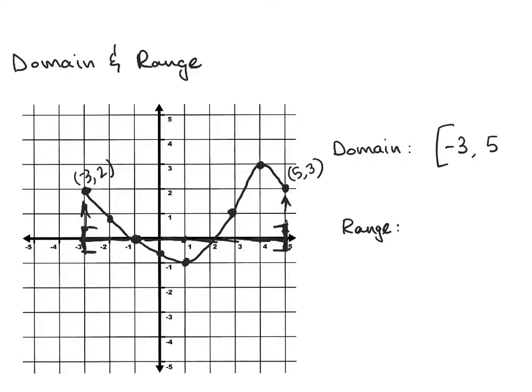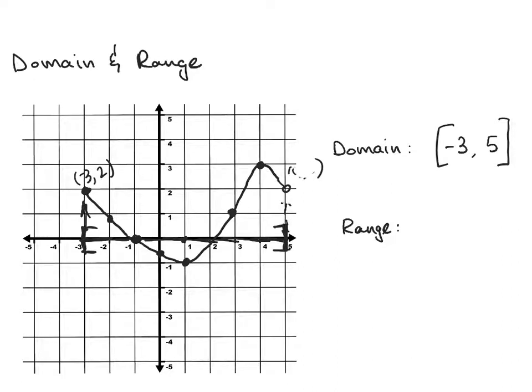So the grouping symbols would be brackets. Now where that could change if this were a different problem is let's suppose that that last point there on the right, for example, came up to 5 but ended with an open circle. Well, if it ends there with an open circle, then there is no point (5, 3).